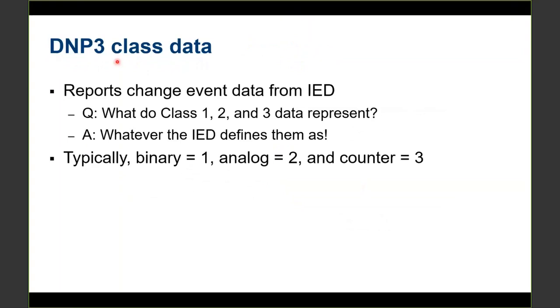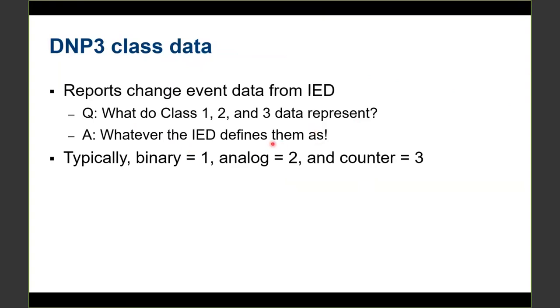All right, one more. The definition of class data. For new users of the DNP protocol, it's pretty common to ask this question: what do class 1, 2, and 3 represent? What should I set up in my slave device as class 1, class 2, or class 3? The answer is basically whatever the slave station defines them as.